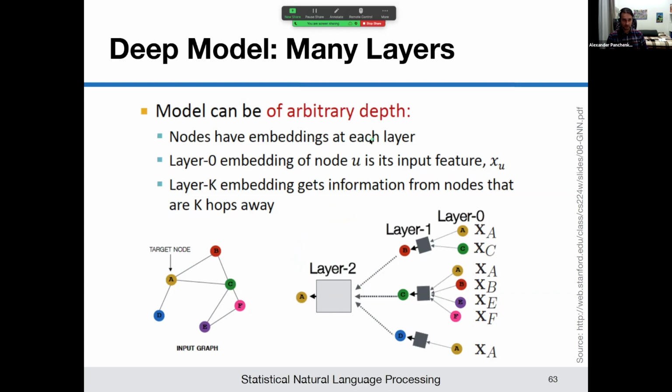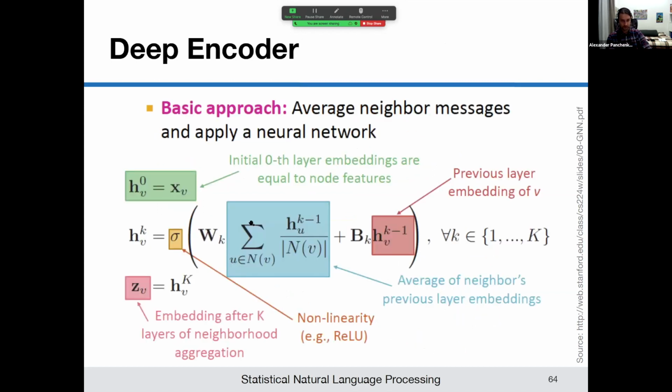So this construction allows you to learn to aggregate information messages from the network, and this is the way you're going to combine it.